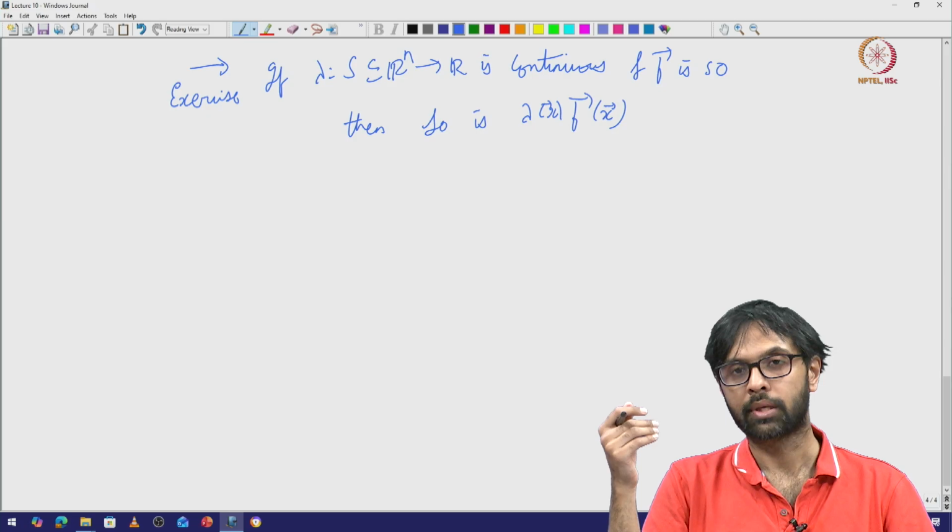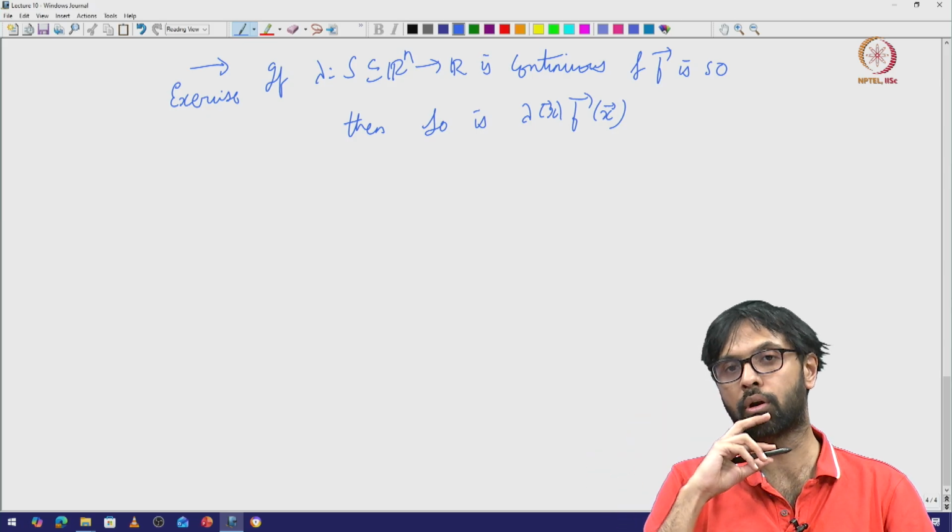In addition, we also have this: if you take the product of two continuous functions, it's continuous.